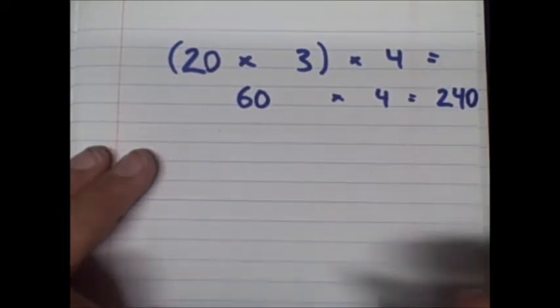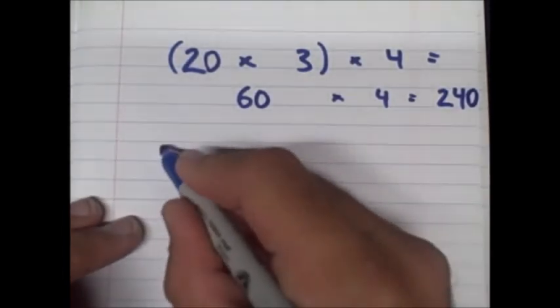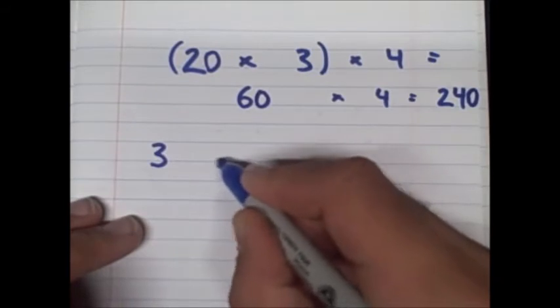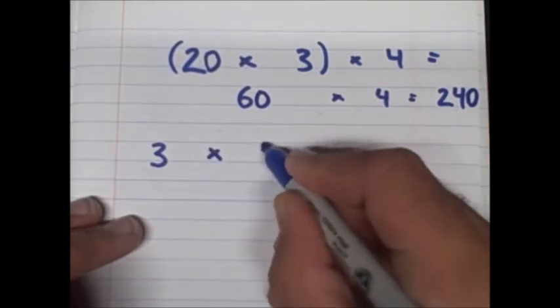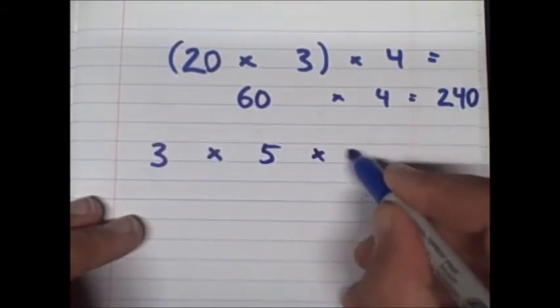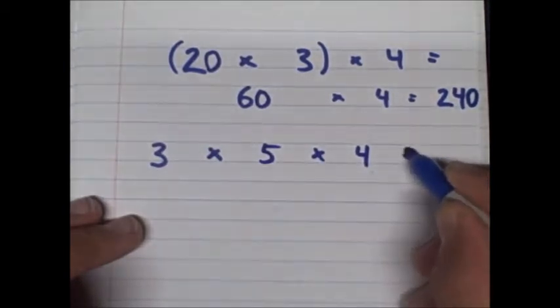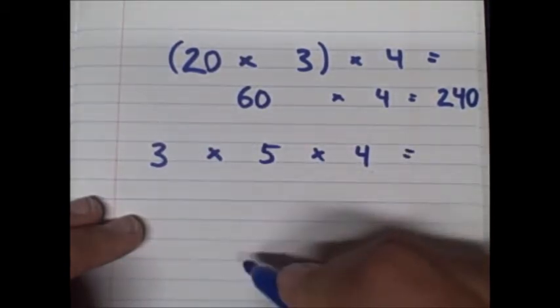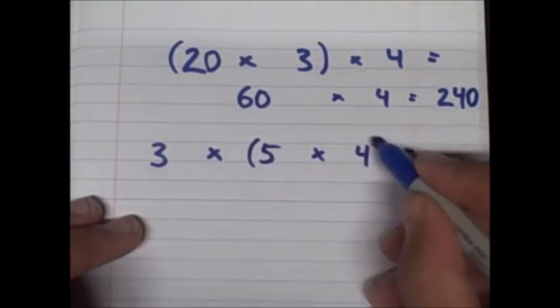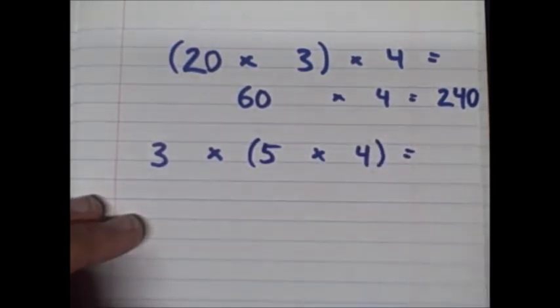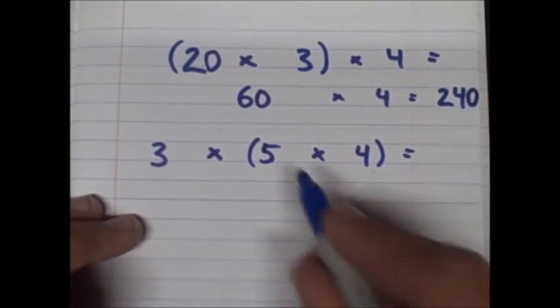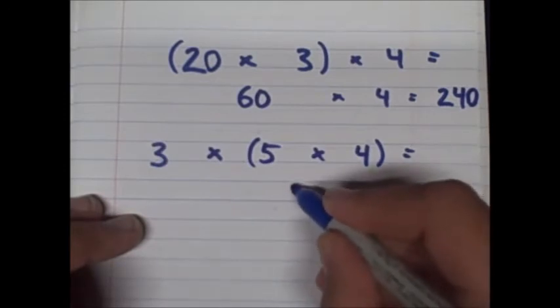Let's try another one. 3 times 5 times 4. We're going to put the parentheses around the 5 and the 4, signifying to do that first. 5 times 4, of course, is 20.